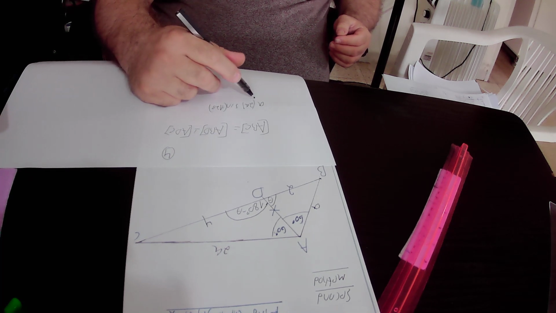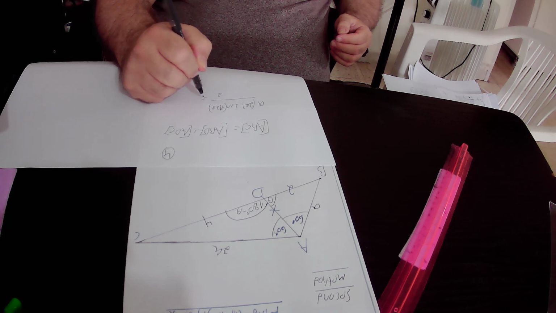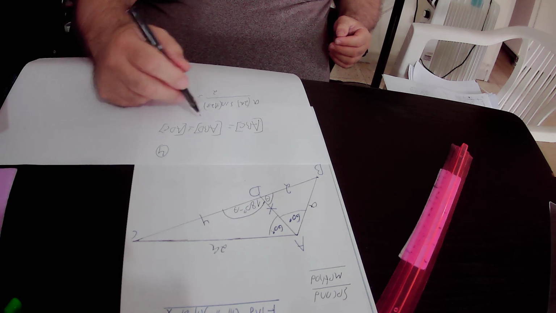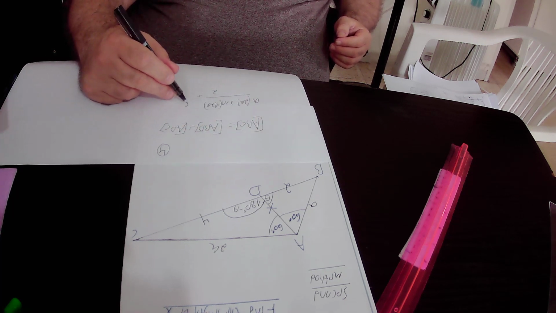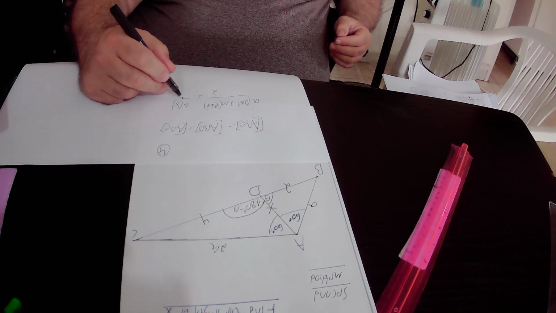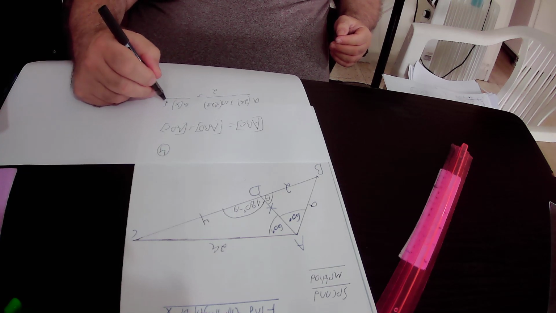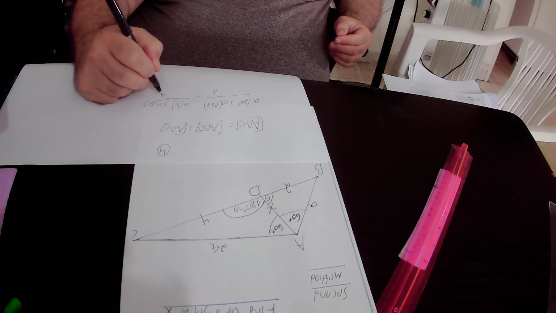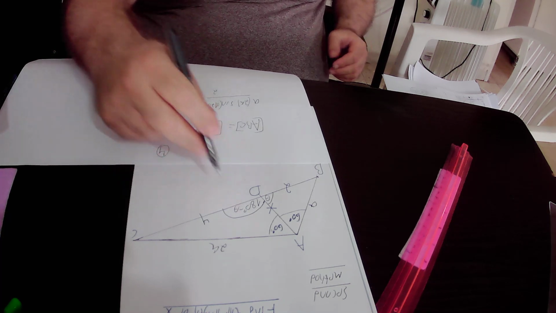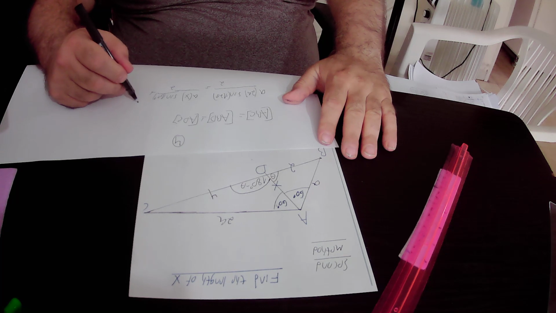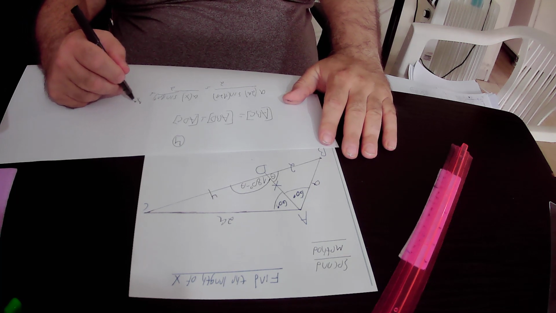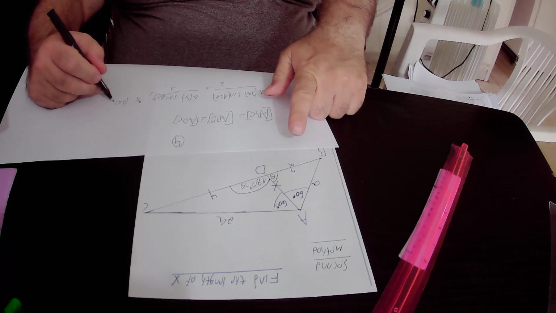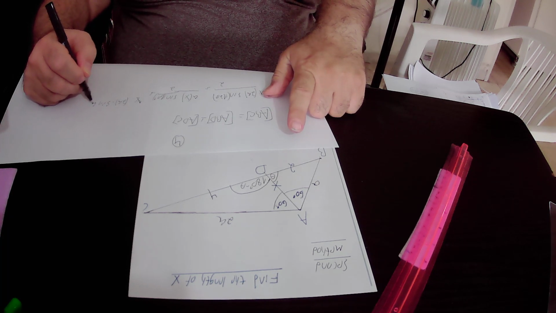This is the area of triangle ABC, and it is equal to the area of triangle ABD, which is a times x times sine 60 degrees over 2, plus the area of triangle ADC, which equals x times 2a times sine 60 degrees over 2.